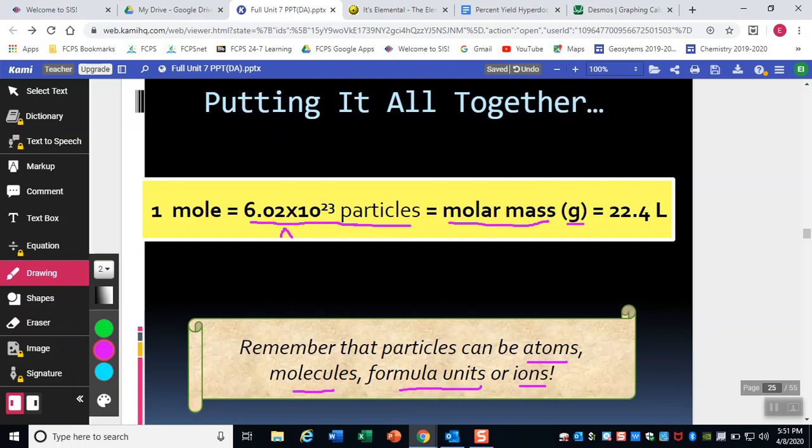This is the periodic table of elements. And this you memorize, 22.4 liters. This is for gases. If you're looking at a gas, that's what you're going to think of for volume. So volume, mass, and then number of particles.